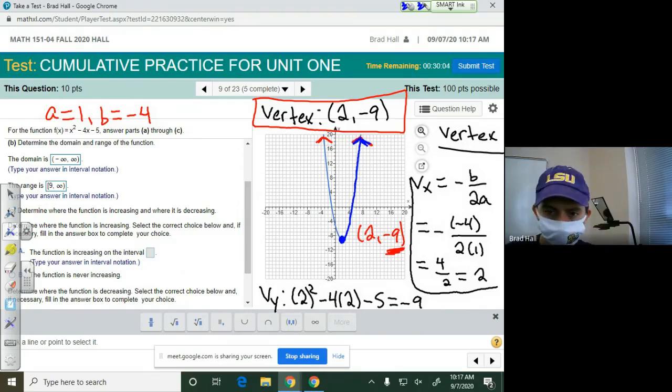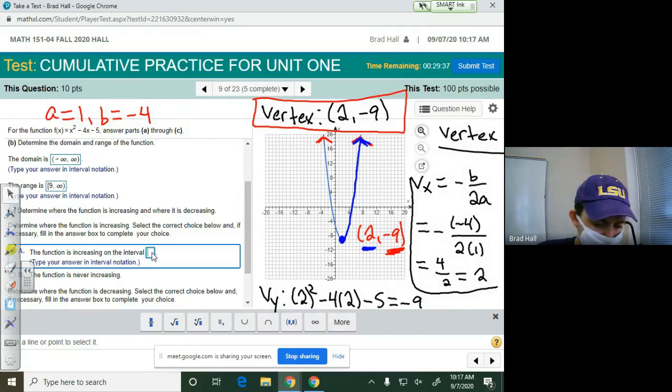So, that interval that I just highlighted in blue here, increasing and decreasing, you never use brackets, and you use the x values to denote them. So now we're going to use the 2 to represent the leftmost part of the increasing region.